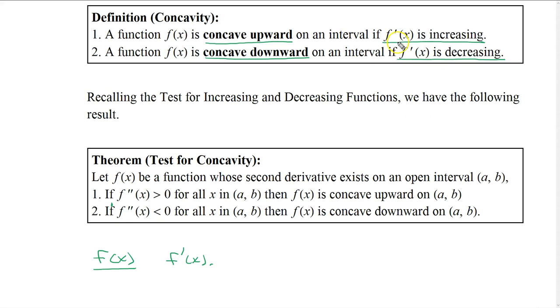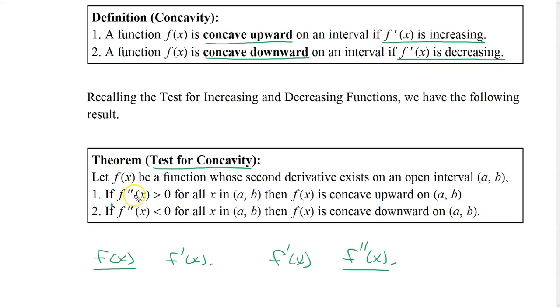Well, now we're given the function f prime, and we want to find where it is increasing and decreasing. So we will look at its derivative. In other words, we will look at the sign of the second derivative. So wherever our second derivative is positive and negative, that's going to determine where our first derivative is increasing and decreasing. And that's our test for concavity.